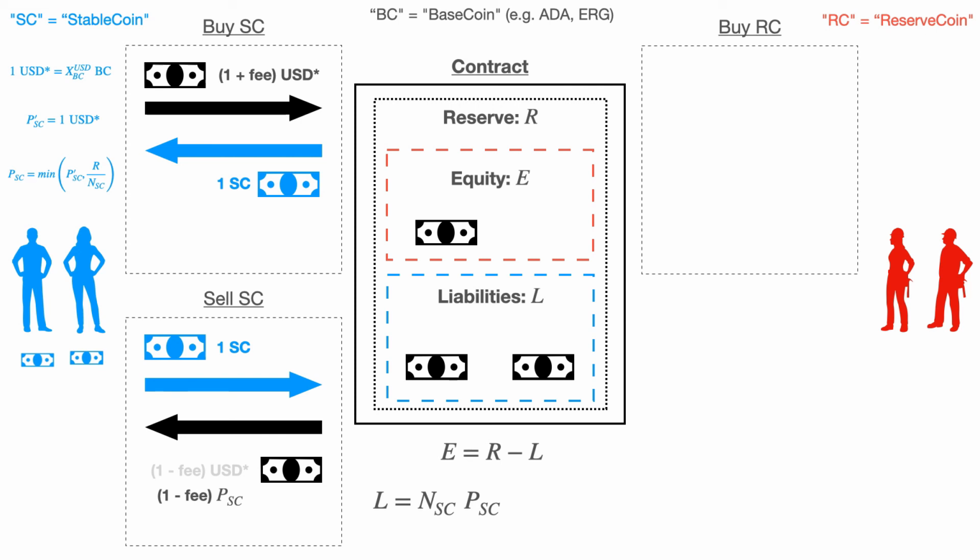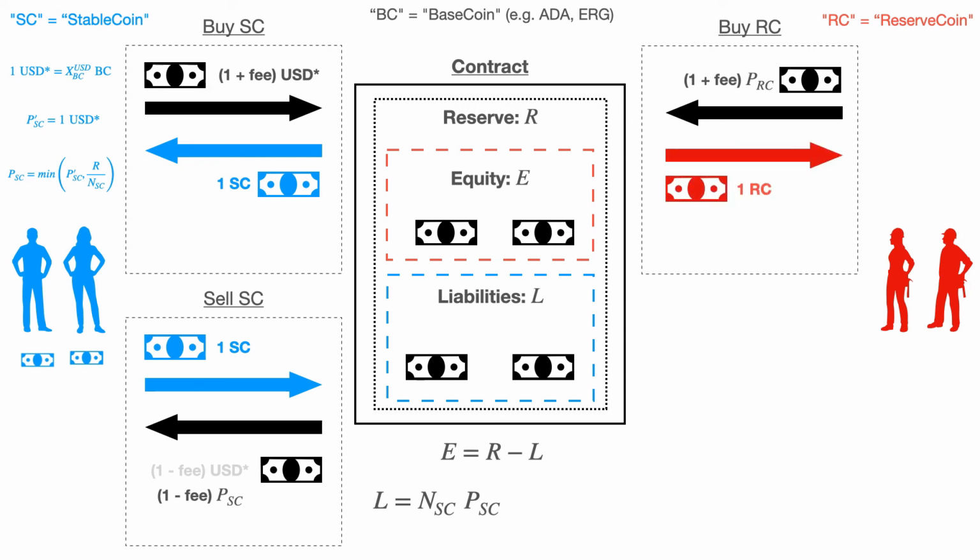And they provide this additional equity by buying what we call reserve coins. And the process is basically the same. So they provide some additional base coins to the contract, and they get back some reserve coins. So the contract will mint the reserve coins and will send these reserve coins to the users.